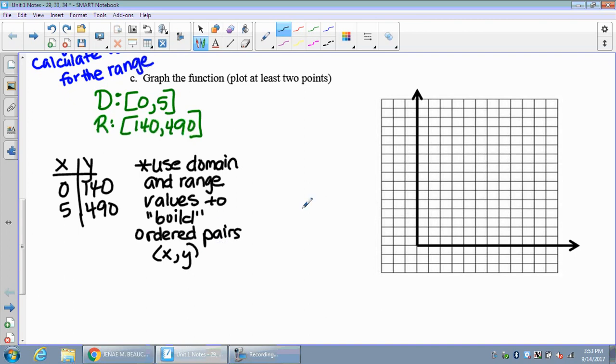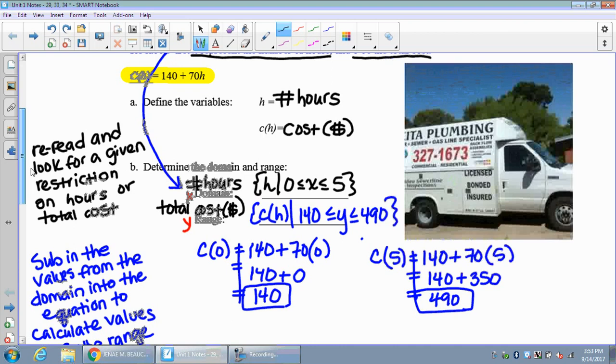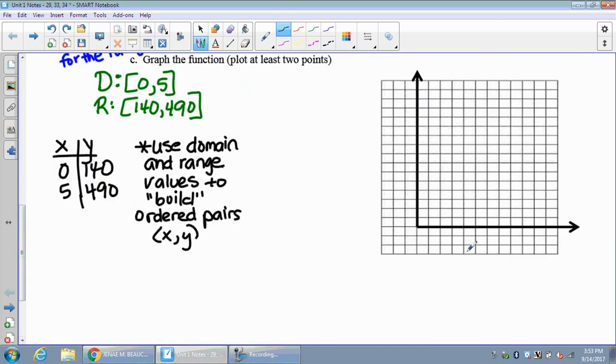So first let's get labels. I remind myself that x is hours, y is cost. So I put hours and cost. I look at the ordered pairs I am going to graph. First let's look at the x values only. That's 0 to 5, so I put 0. Now I could go 1, 2, 3, 4, 5.